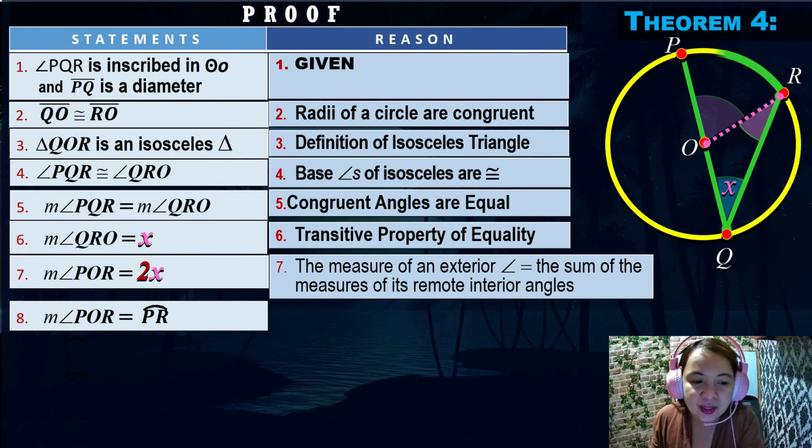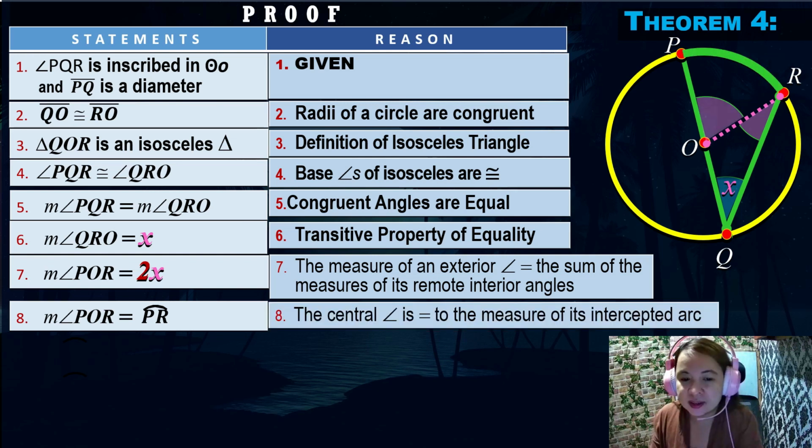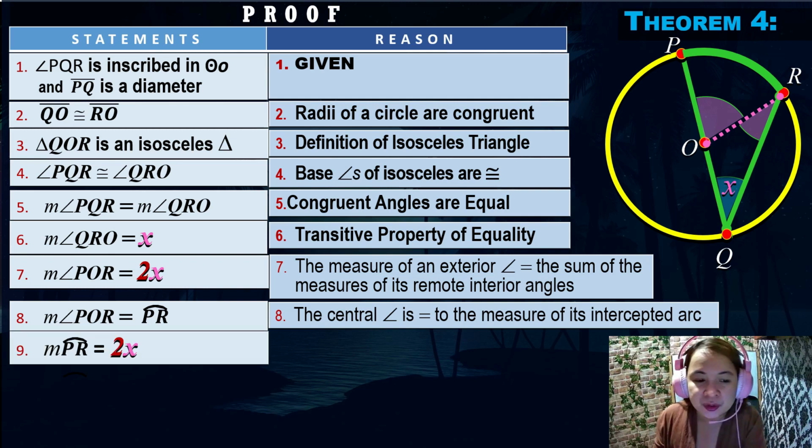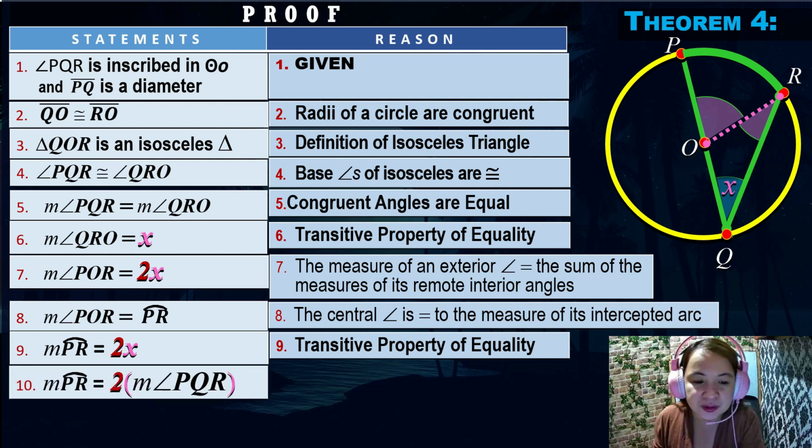Next, we have angle POR is equal to arc PR. And that is the central angle is equal to the measure of its intercepted arc. The measure of arc PR is equal to 2x, and that is transitive property of equality. The measure of arc PR is twice the measure of angle PQR.